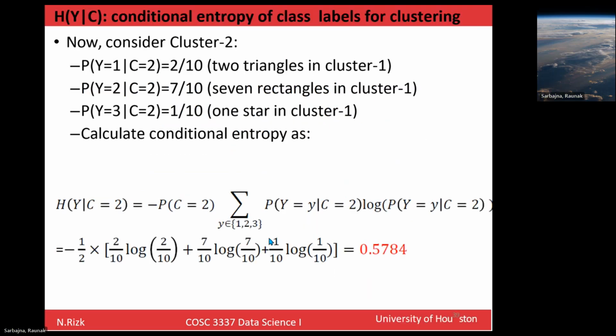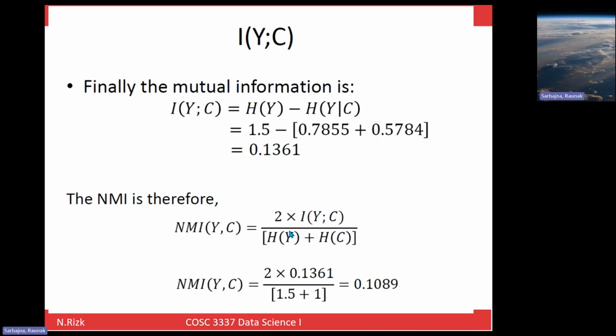That's it. So once you have that, you can calculate this. It becomes 1.5 minus the two mutual information values that you just calculated, and then you calculate this. Let me know if you're stuck.